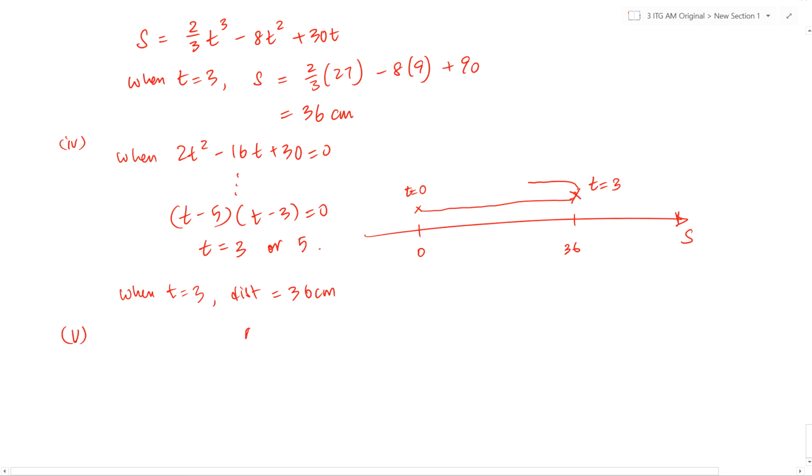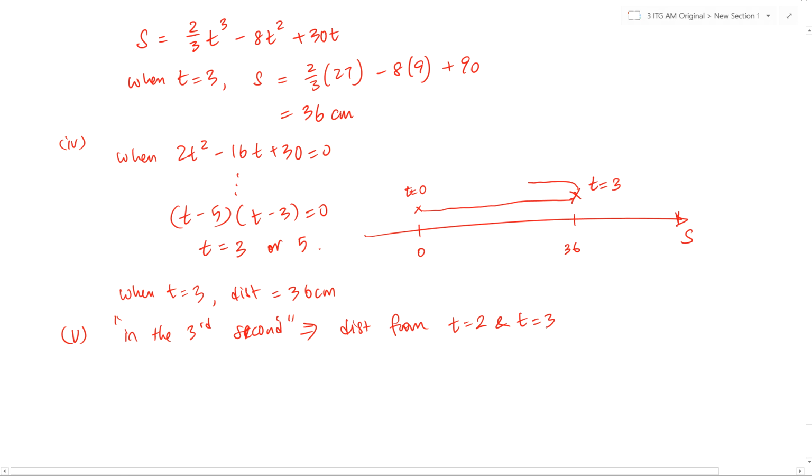Part 5. Total distance traveled in the third second. This tells us that I want the distance between time equals 2 and time equals 3.